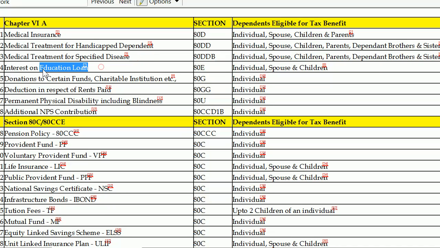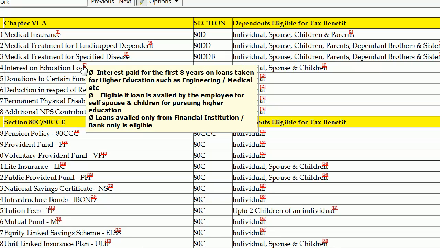And interest on educational loan. If anybody has taken a loan for education, after getting the job they have to pay the amount. For this educational loan interest you can claim income tax deduction. Interest paid for the first 8 years on a loan taken for higher education such as engineering and medical is eligible.